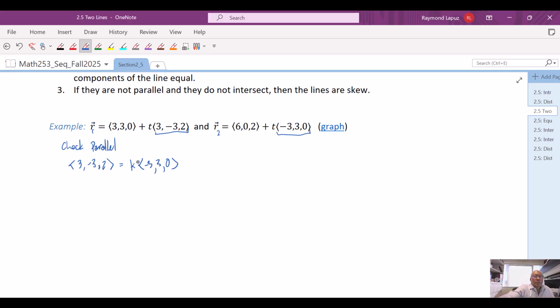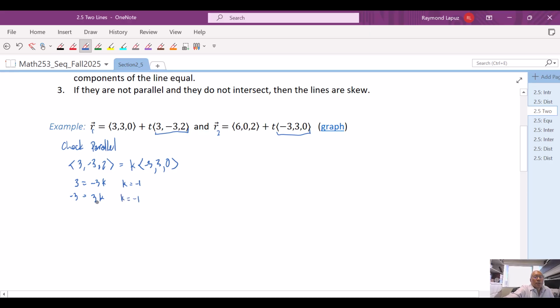If we solve for k using the first component, x, we get 3 is equal to -3k. So k must equal -1. It has to be -1 for all of these components. The second component is -3 equal to 3k, and that also works: k is equal to -1.